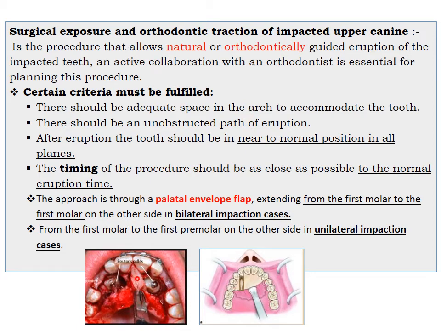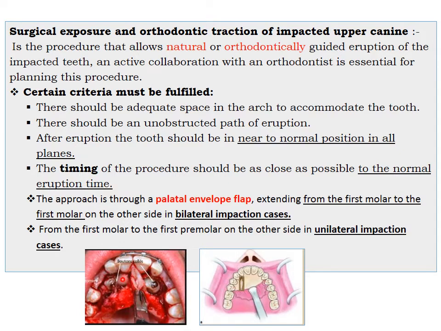So when you are going to expose the impacted canine, either the tooth erupts naturally or orthodontically guided eruption using auxiliaries, and this process needs active collaboration between the orthodontist and the surgeon for good planning of this procedure.